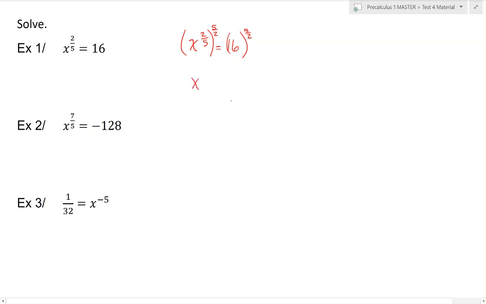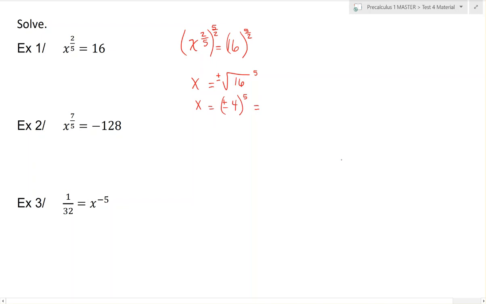If I have 16 to the 5 halves, that's the square root of 16 to the 5th. And don't forget the plus minus. When you put that 5 halves on there, since the 2 is in the denominator, you're putting a square root on there. So you have to put that plus minus. So x is going to be plus or minus 4 to the 5th.